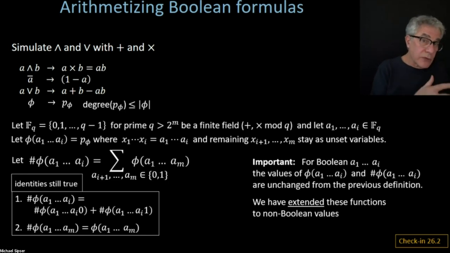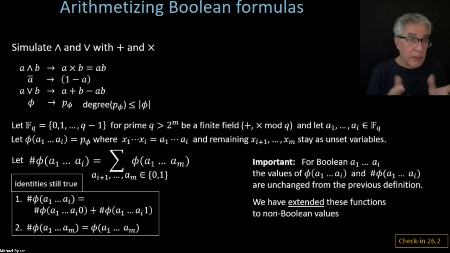It was an OR of 0, 0, or possibly 0, 1, or possibly 1, 0. And so we never had to deal with an OR of 1, 1. And here we can have that. So we have to subtract off that AB term, because otherwise if we just had A plus B, then in the 1, 1 case we would end up with a 2. And that would not be a faithful simulation of the OR operation, because 1 or 1 should be just 1, not 2. So this is a good question.